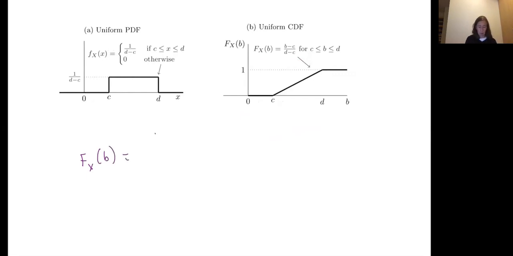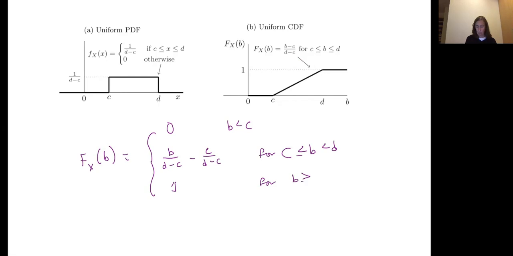It's got the part that is 0 for b less than c, then b minus c over d minus c for b greater than or equal to c and less than d, and is 1 for b greater than or equal to d.